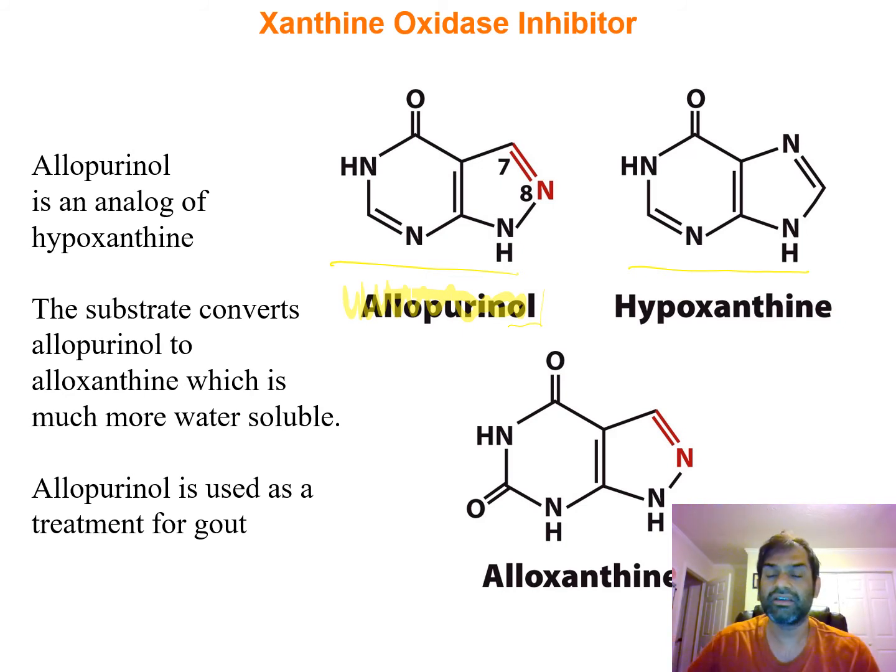So again, talking about the breakdown of your purines, adenine and guanine, it usually goes through hypoxanthine or xanthine, which eventually gets converted to uric acid for excretion. And here we have two structural analogs, competitive inhibitors of that enzyme, which generates uric acid. One of them is allopurinol, the other one is alloxanthine.